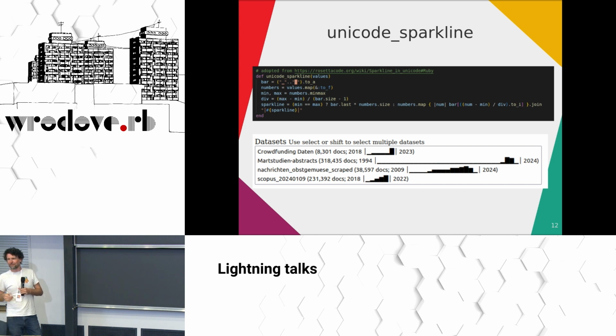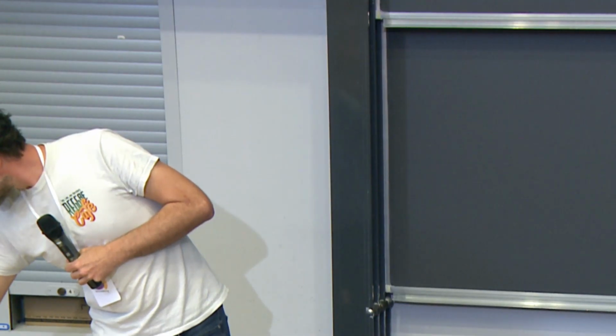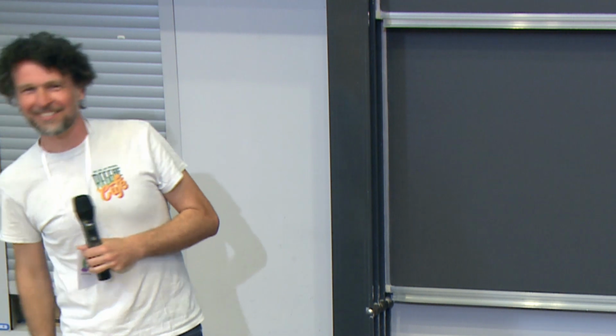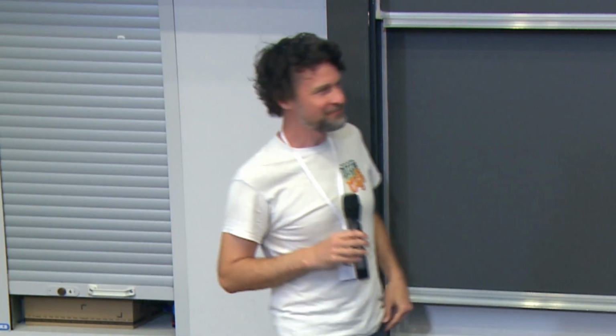They were happy. We could really nicely give them a feeling for the data, not only for selecting the data sets, but also for results. And yeah, that's all. Thanks.